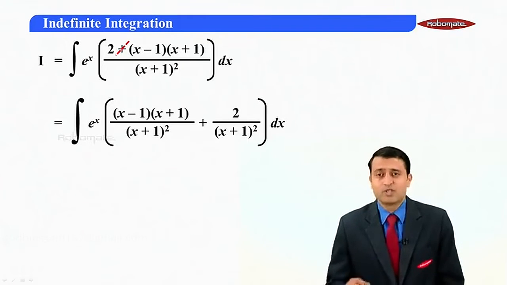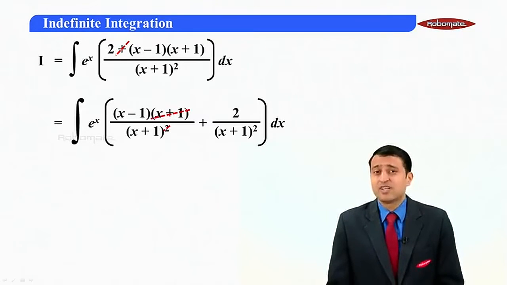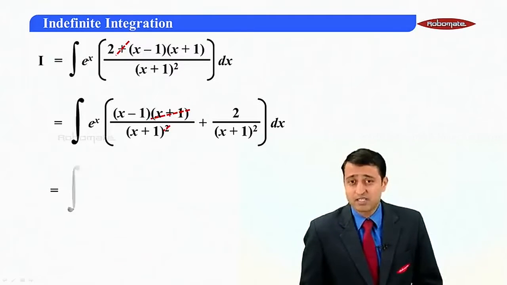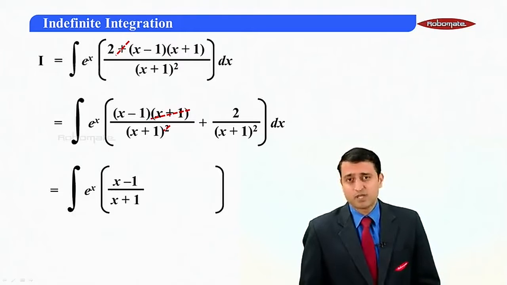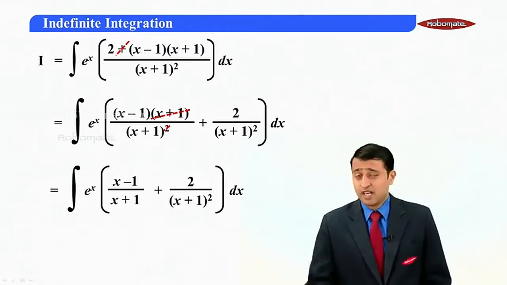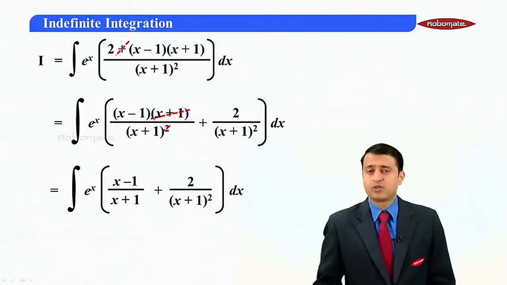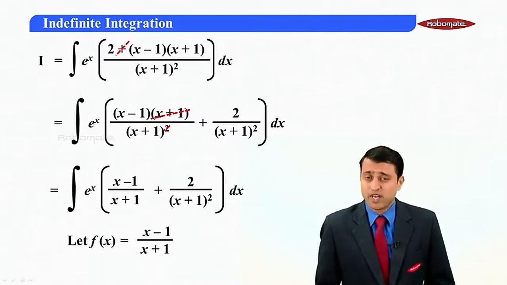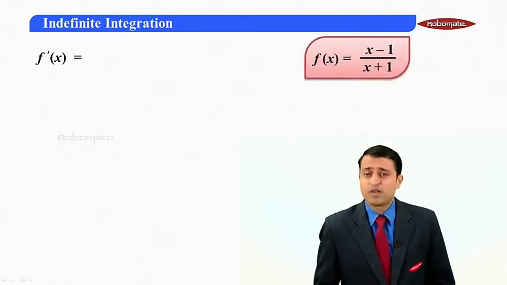dx has to follow. So, in the next step, I will have e raised to x into, can I say x plus 1 in the numerator and x plus 1 in the denominator will cancel. So, we will have e raised to x into (x minus 1 upon x plus 1 plus 2 upon x plus 1 the whole square) dx. Now, my dear students, it's a trial and error for you, but I know that if I take f of x as x minus 1 upon x plus 1, its derivative, that is f dash of x, will be equal to how much?